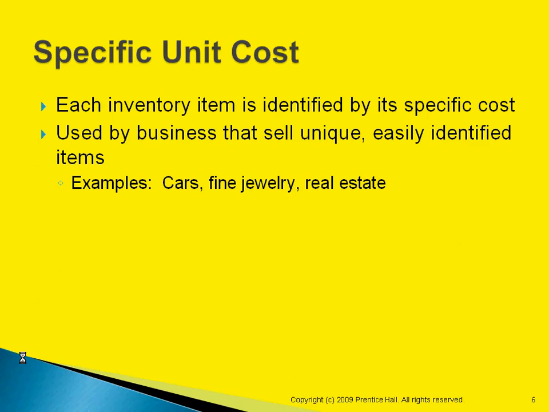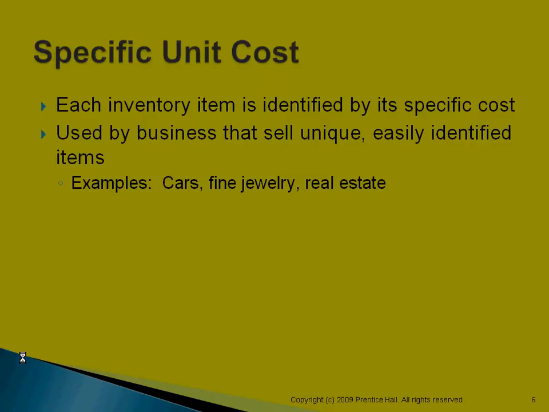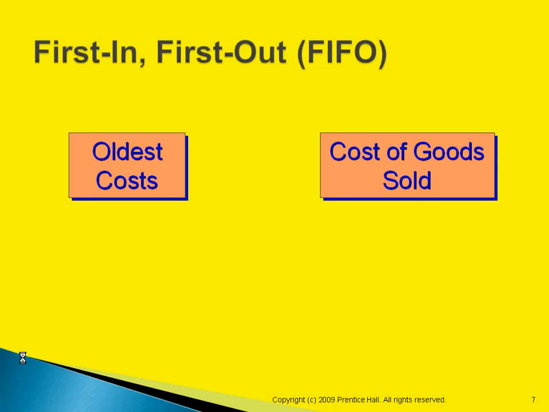Okay? FIFO is the next slide. Slide 5. First in, first out. That's what FIFO stands for. Okay? What this means is when we sell units of a generic product, the oldest costs are transferred to the cost of goods sold first.